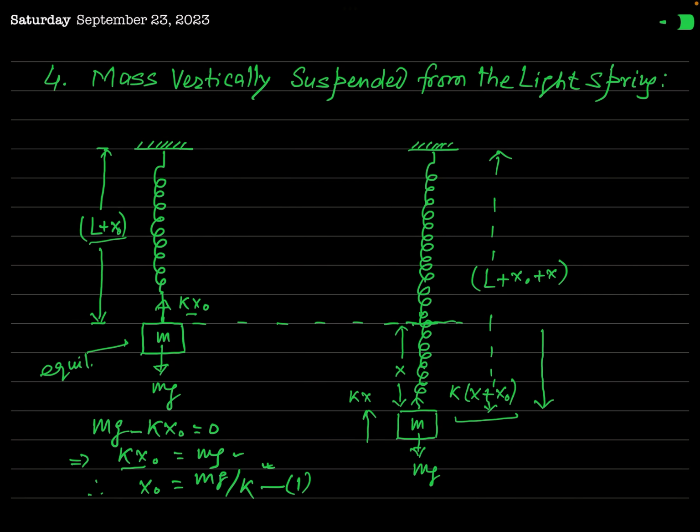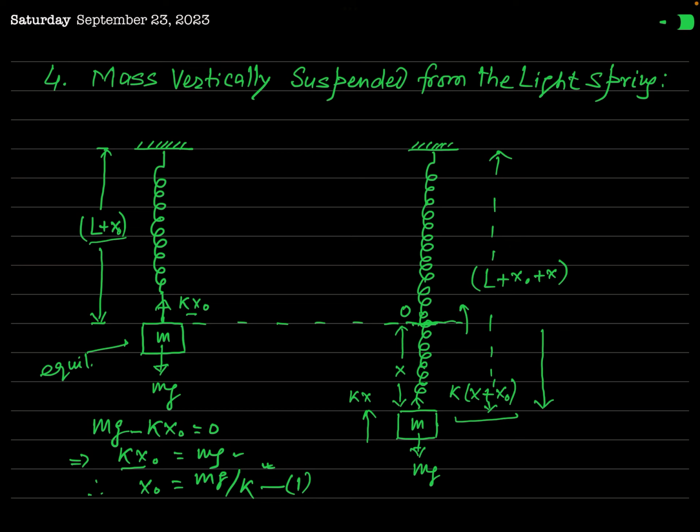In this condition, the block will oscillate about this equilibrium position, let us say O. When you release it from this displaced position, it will move up, and at this position again the net force will be 0, but due to inertia it will move up.